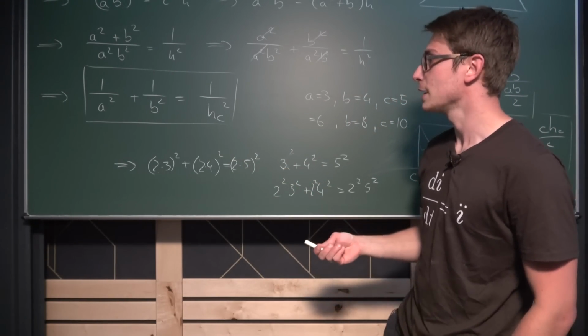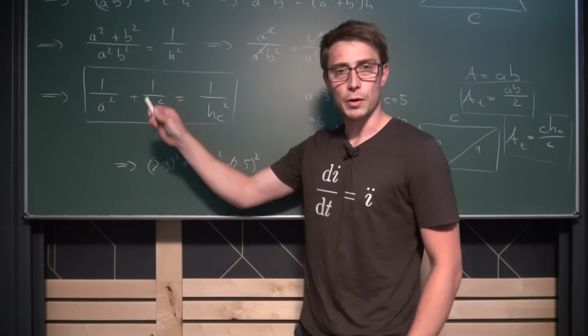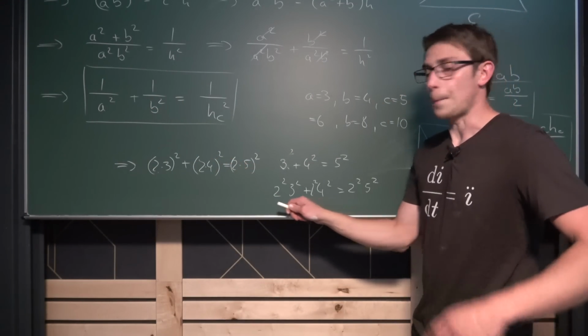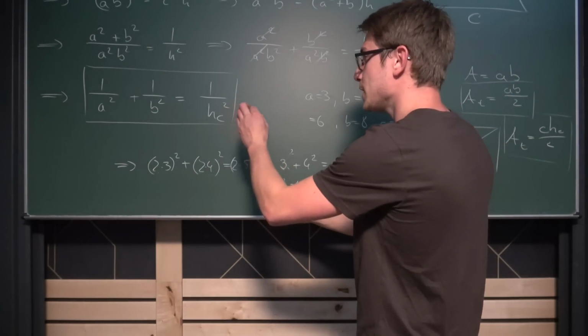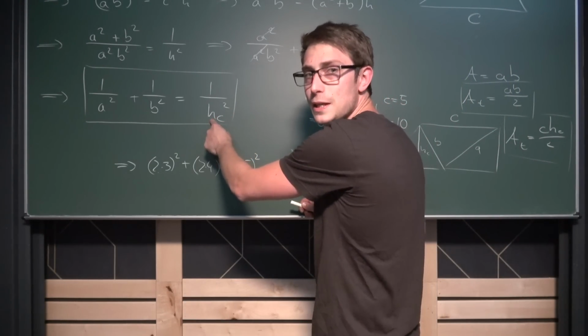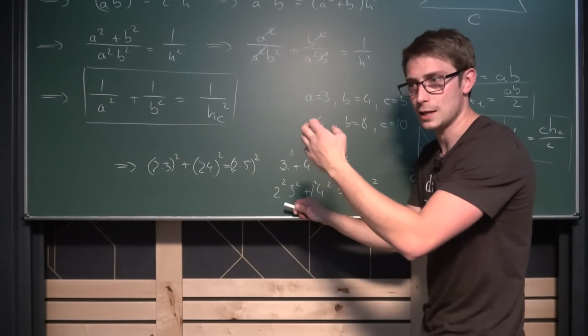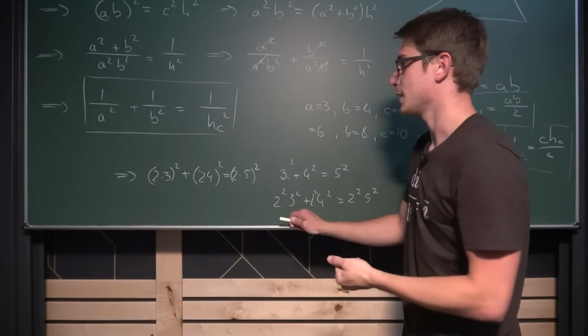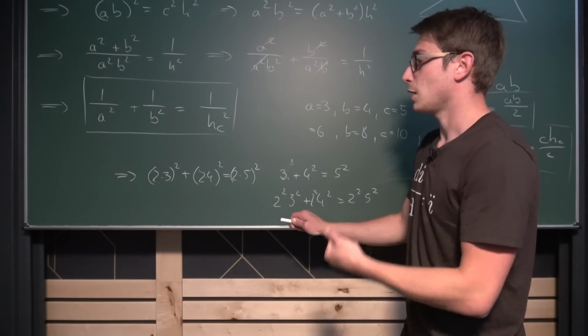Now I was wondering, does this work too with this constellation? But one thing we need to impose on this whole problem is that h is going to be an integer too. Otherwise it wouldn't be a Pythagorean triple in this sense. So let us try this out.